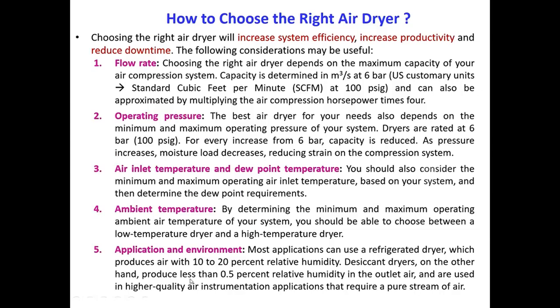Inlet temperature and dew point temperature: you should also consider minimum and maximum operating air inlet temperature based on your system and determination of dew point requirement. Ambient temperature: by determining the minimum and maximum operating ambient air temperature of the system, you should be able to choose between a low temperature dryer and a high temperature dryer.